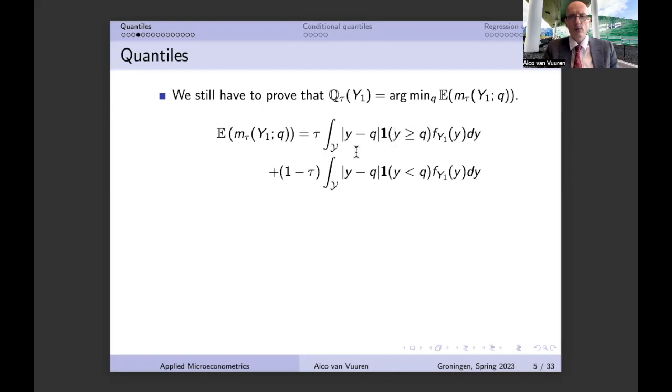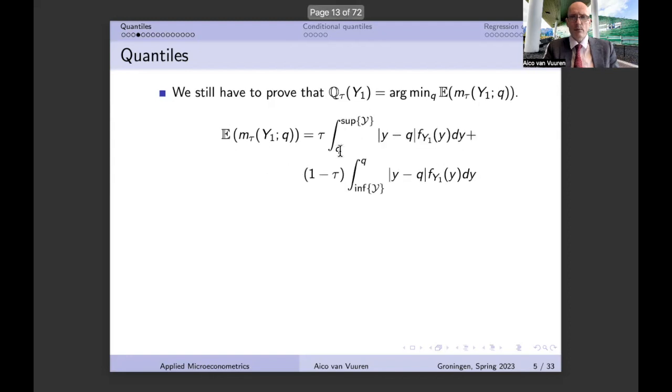So we could integrate here not over the whole support of y, but just from q to the supremum of this support that we have over there. So I can rewrite this in this way that we have over here.